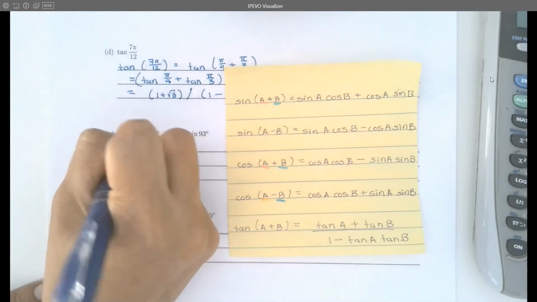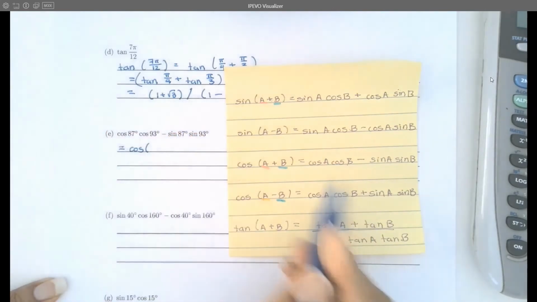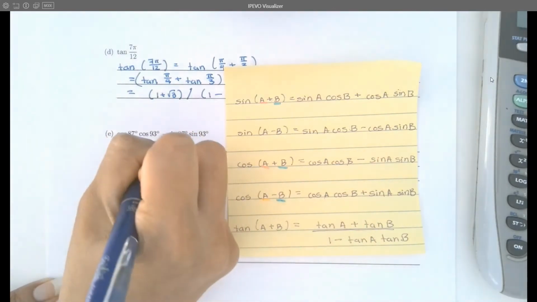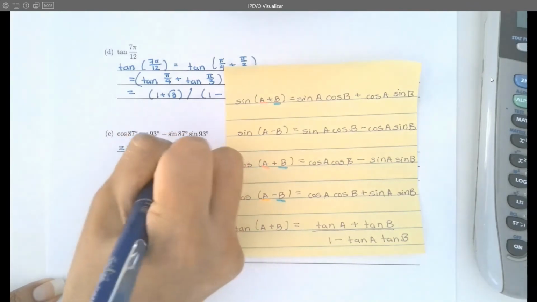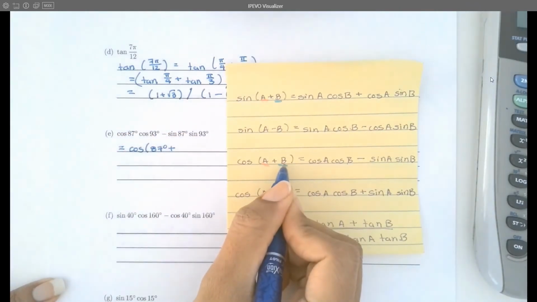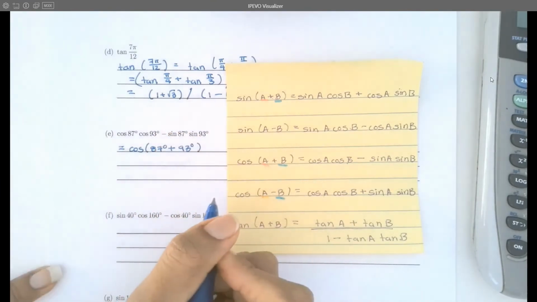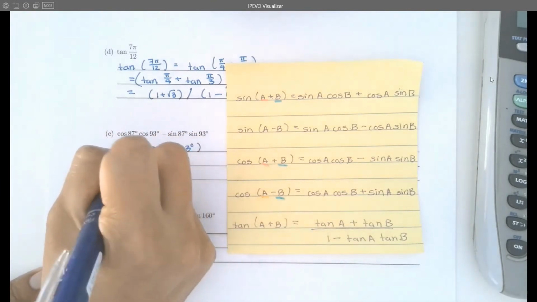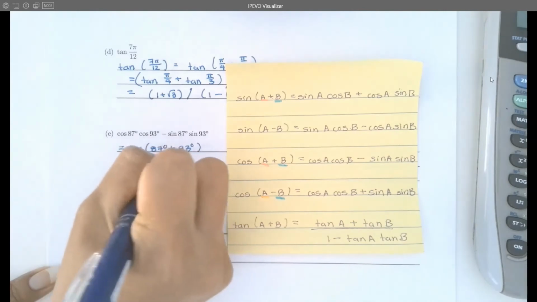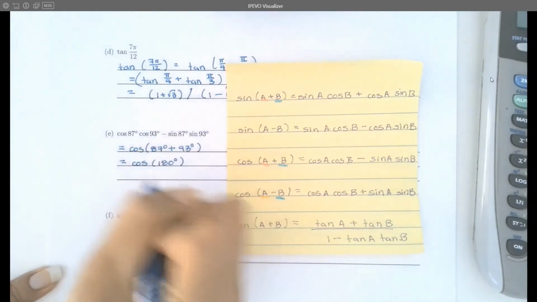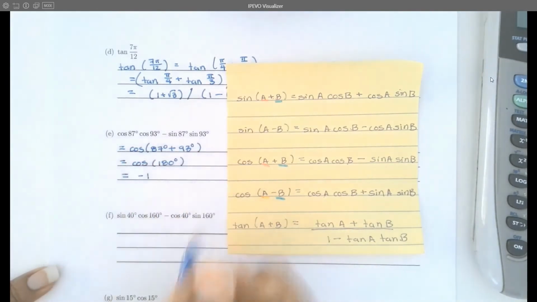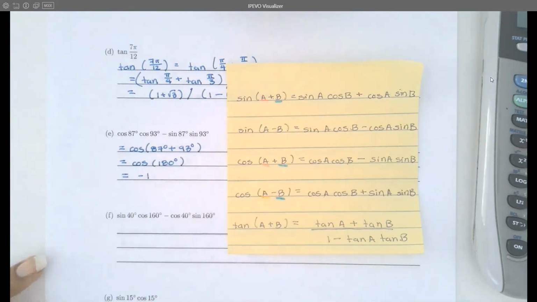So this is actually going to be equal to cosine of the first angle, which is 87 degrees, plus the second angle, which is 93. And so 87 degrees plus 93 degrees is going to give us 180. And that means that we have a final answer of -1.